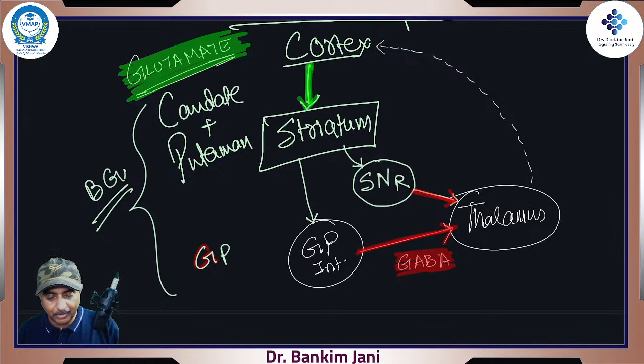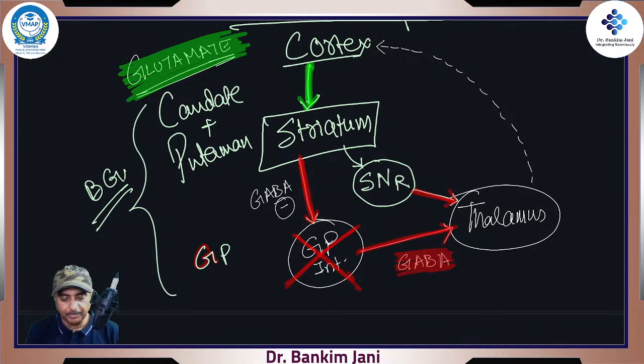Now, when the cortex tells that yes, we want to work, this particular striatum will release GABA, and on those channels, it will stop globus pallidus internus, right? So this is where the GABA will come, gamma aminobutyric acid, which is an inhibitory neurotransmitter.